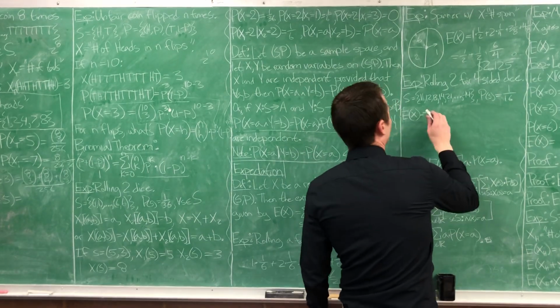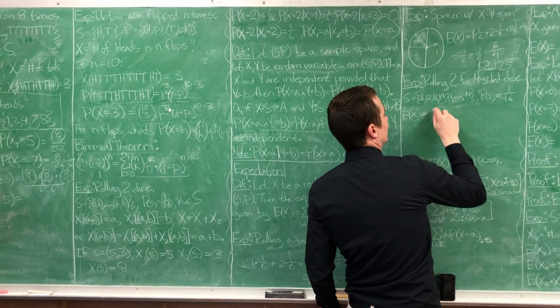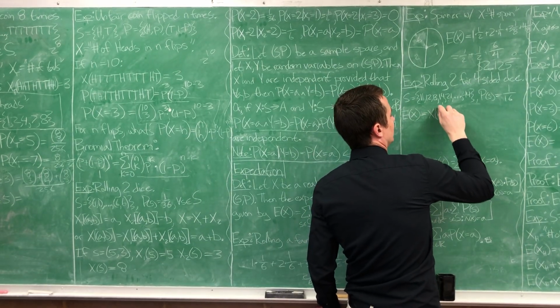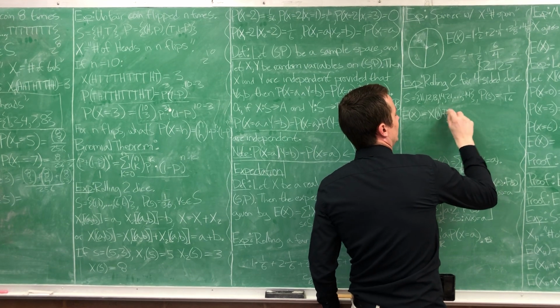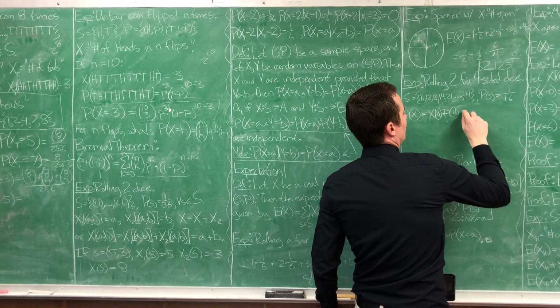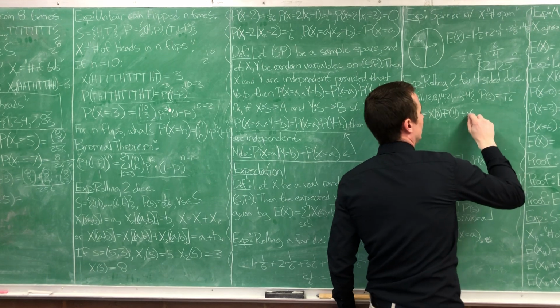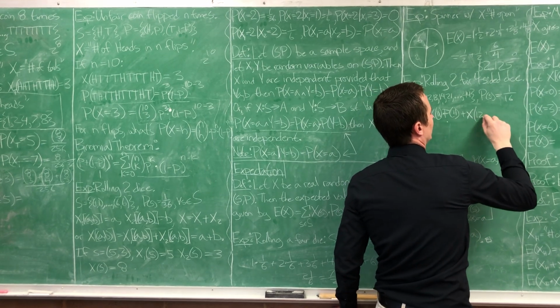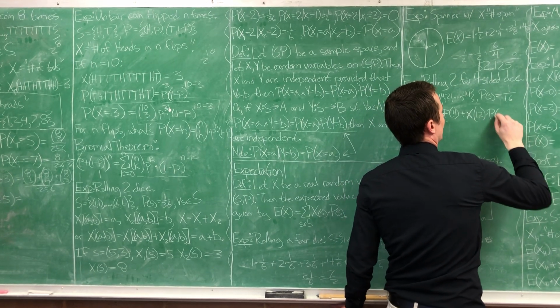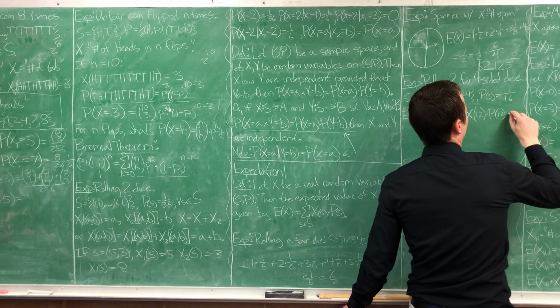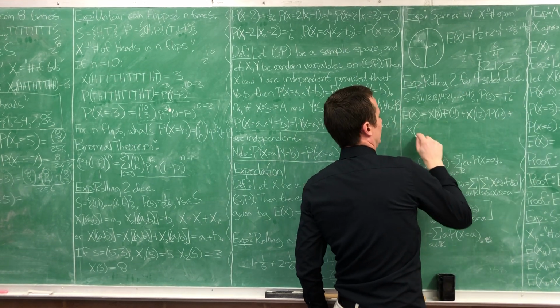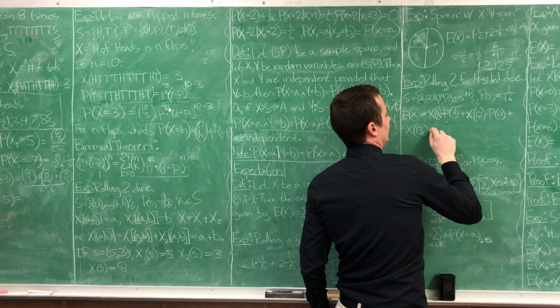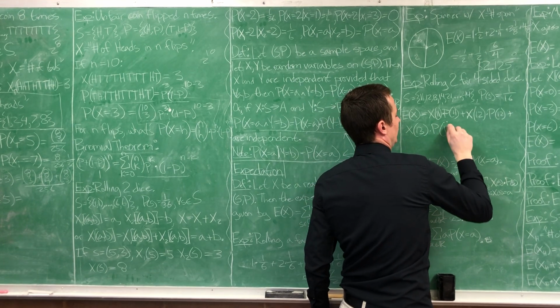Okay, so the expected value is going to be X of the roll 1, 1 times the probability of the roll 1, 1 plus X of the roll 1, 2 times the probability of the roll 1, 2 plus X of the roll 1, 3 times the probability of the roll 1, 3.